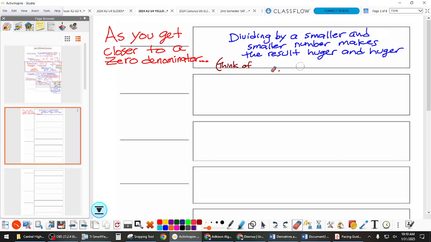Actually, I'm not even going to use the word division. Think of it like this. Think of how many crumbs are in a pizza. And just say it's huge, right?